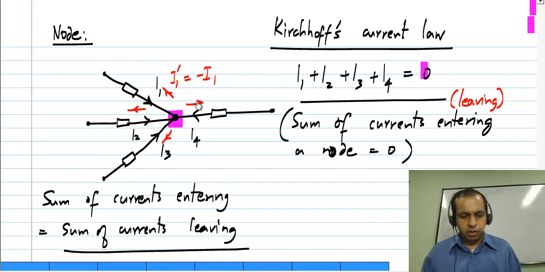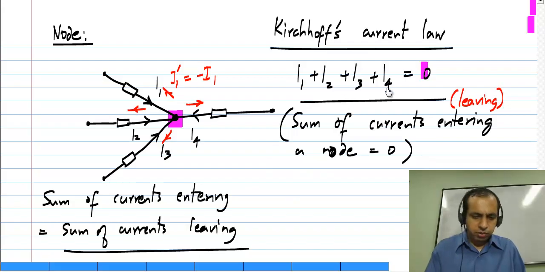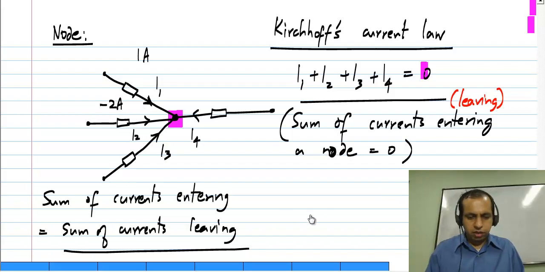Now, what does this mean? You can calculate an unknown based on the other currents. So let's say I1 happens to be 1 ampere, I2 is minus 2 amperes, I3 is unknown and I4 is 1 ampere.